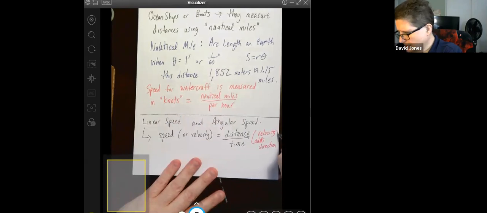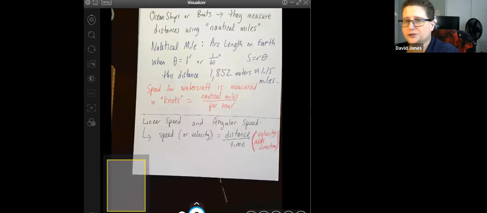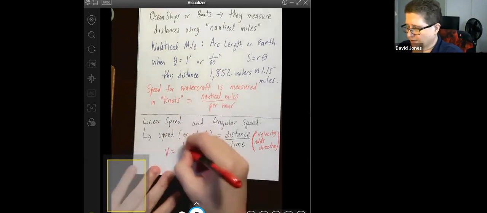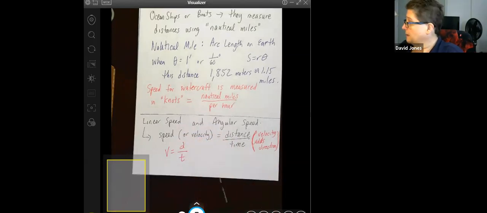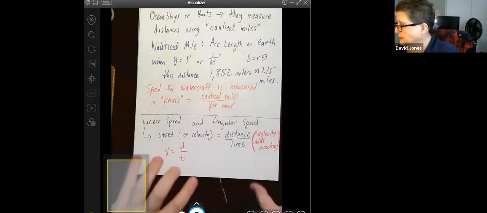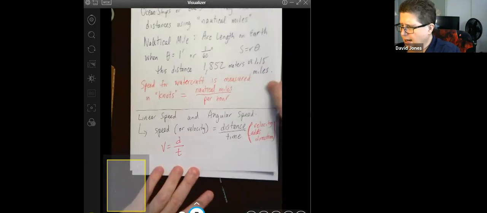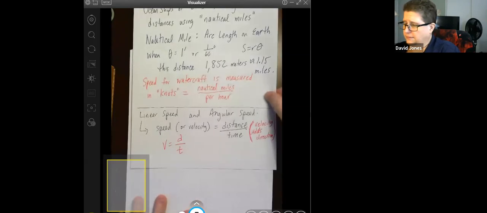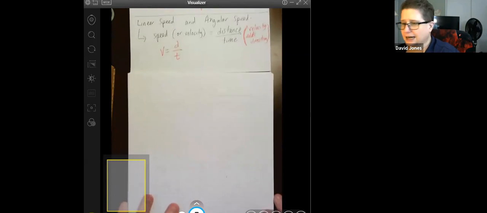Speed is the number part, and if you're driving north, that's a direction. Now you've got a velocity. Often this is abbreviated V equals D over T, velocity equals distance over time. We don't use S, that's arc length. That's linear speed. I'm going to keep that up there because we're going to reference that in our next part.